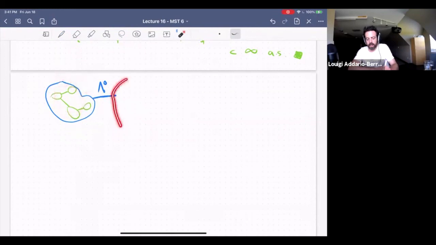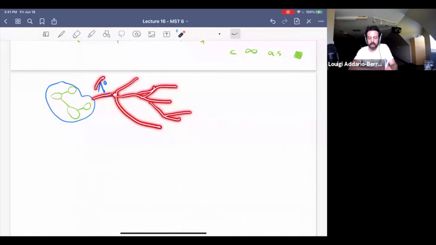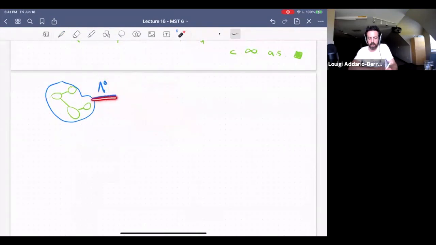On the other hand, in exploring this edge, we must have reached the root of a tree that has infinitely many values of weight less than lambda naught. So after we explore this edge, Prim's algorithm will only explore in that subtree.